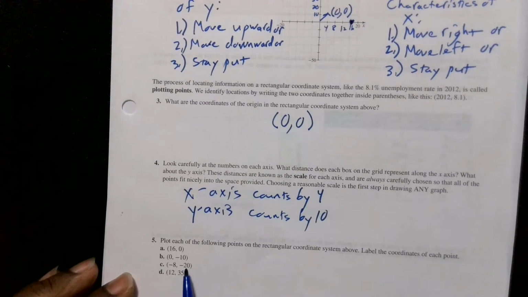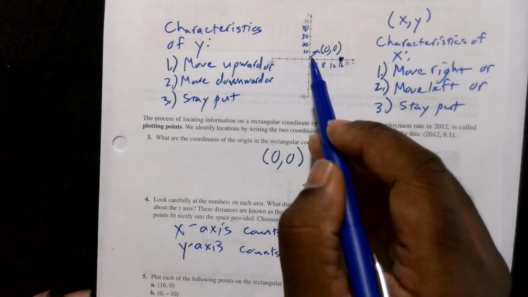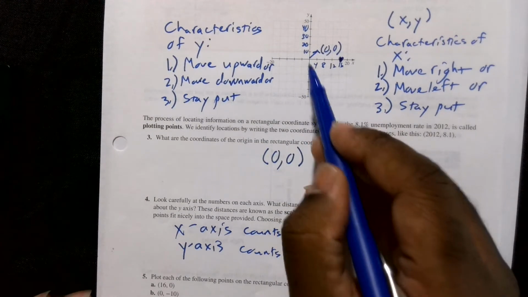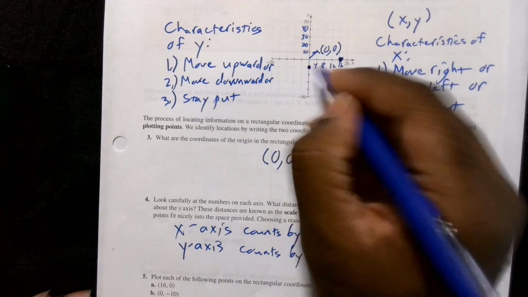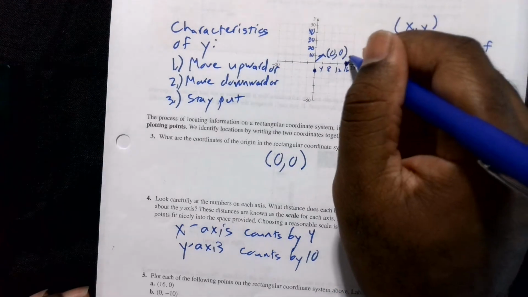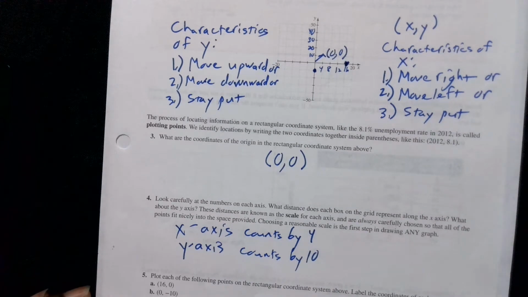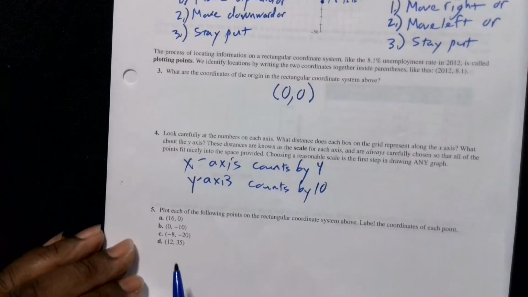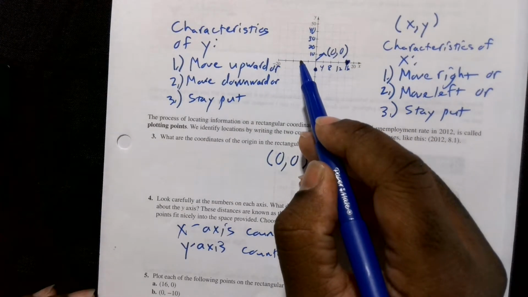Okay, B, we have (0, -10). We start at the origin. And remember, everything is going by 10s on the y-axis. And since it's negative, we will go down here, and that's negative 10. Now, if you want to mark these, you could put the ordered pairs by these points if you so choose. So now, the next values, (-8, -20). So we go here to the left, being -4, -8.